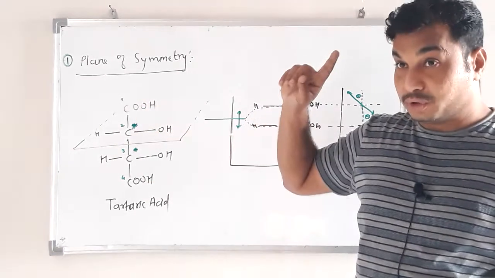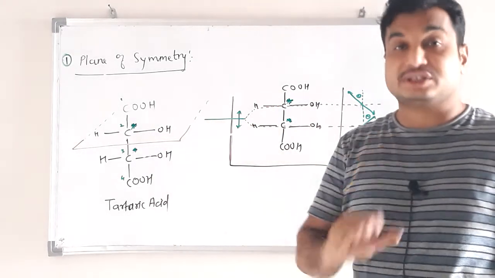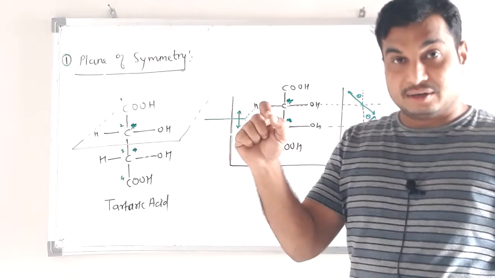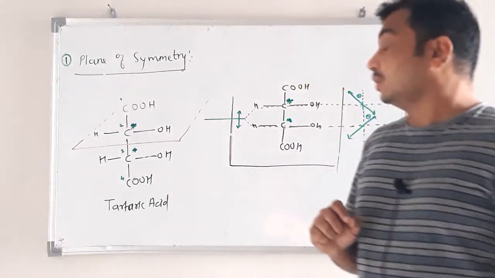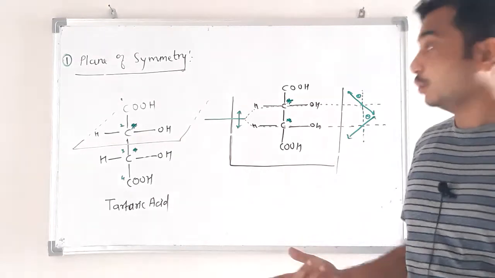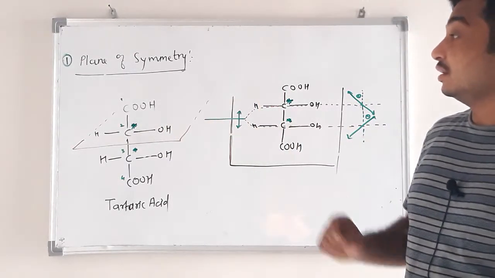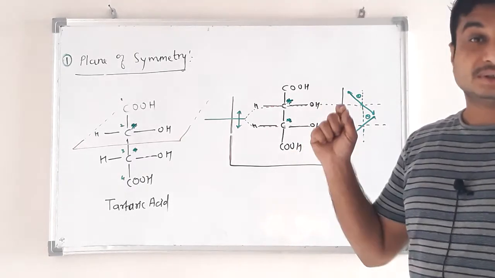Upper part rotates toward the right or left side, and lower part rotates to the opposite side with an equal angle. The magnitude is equal but the direction is opposite. So the rotation cancels and the resultant rotation is 0. So this is optically inactive, and such a plane is known as a plane of symmetry.